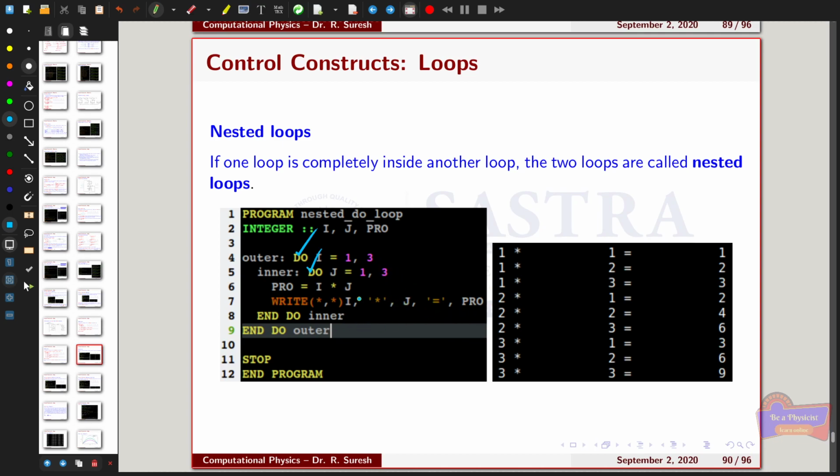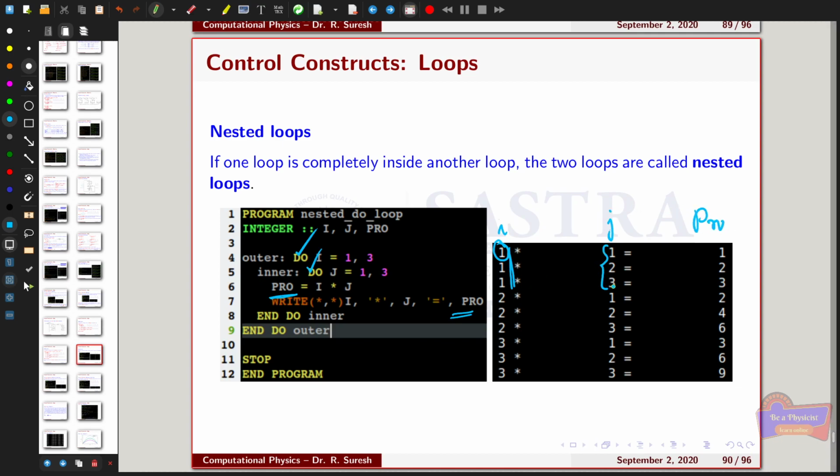What I have done is multiply the value of I and j, store the value in product, and then print the corresponding value. The first time, the value of the outermost loop I is 1, and the j value is incremented 1, 2, 3. For all 3 times, the value of I is equal to 1. So this is I, this is j, and this is product.